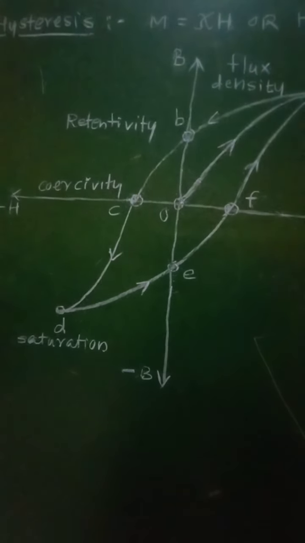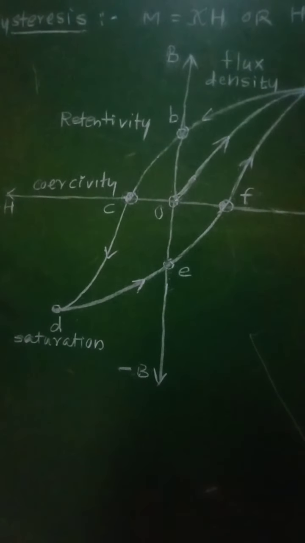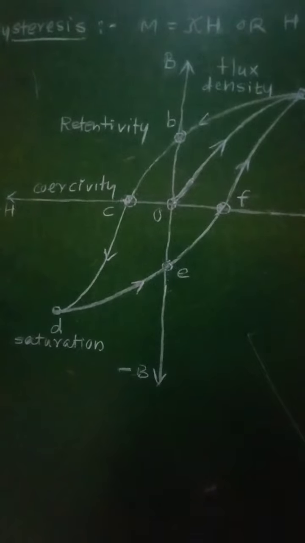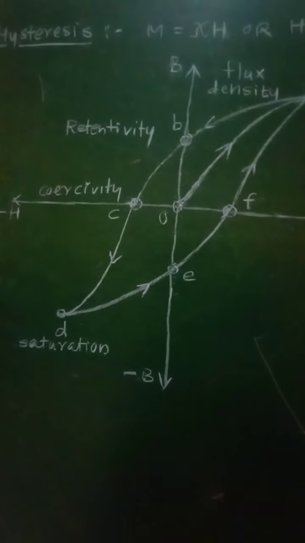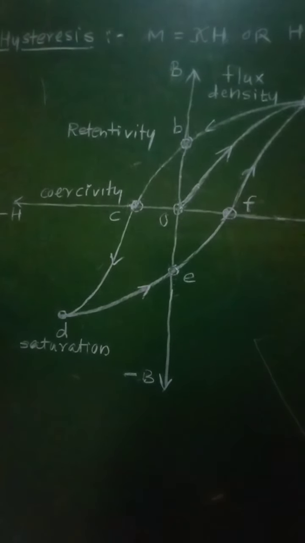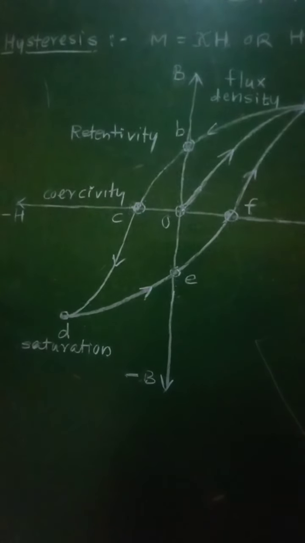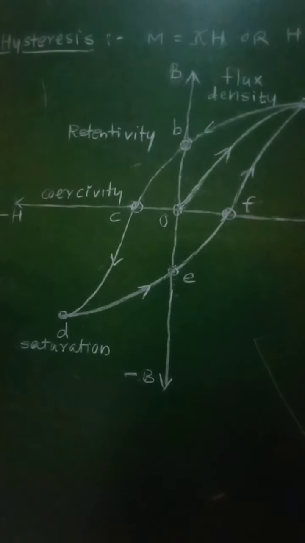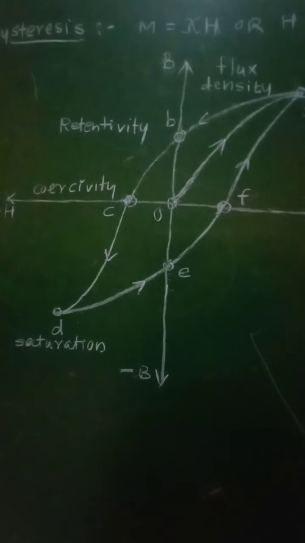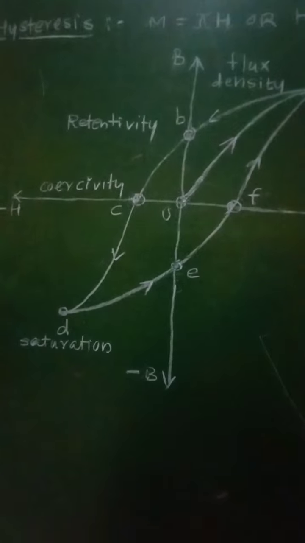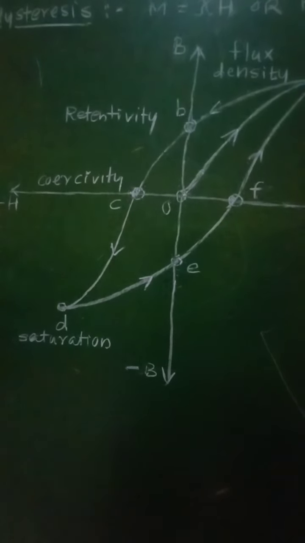Now when the current in the solenoid is increased in the reverse direction, the point C on the graph is reached, where we get magnetic field B equal to 0. For a certain value of H, B will be equal to 0. The value of H when B is equal to 0 is called coercivity.